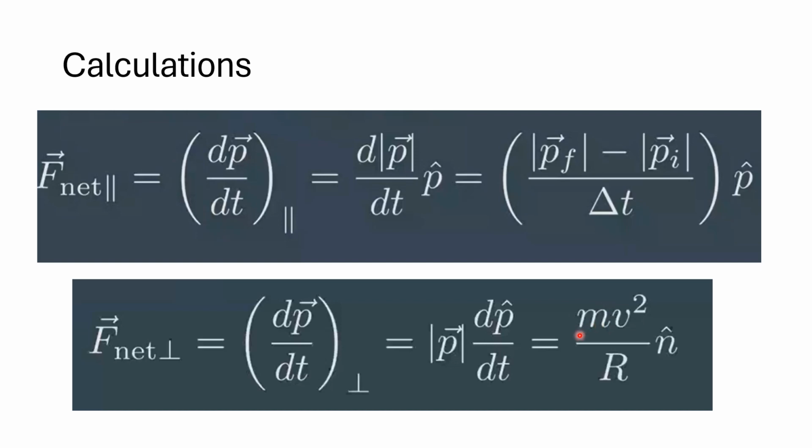But that all together is going to equal zero, because we're starting at rest, our velocity is zero. So F perpendicular is zero.